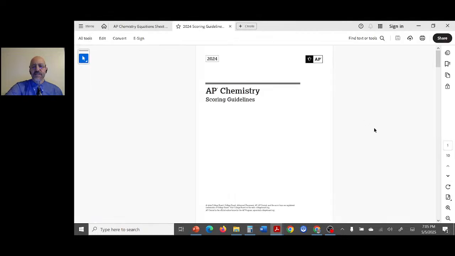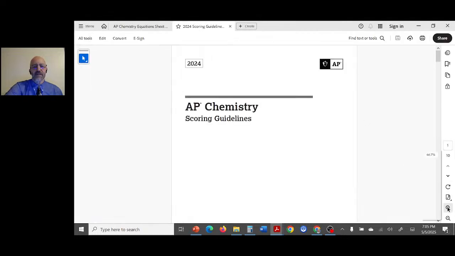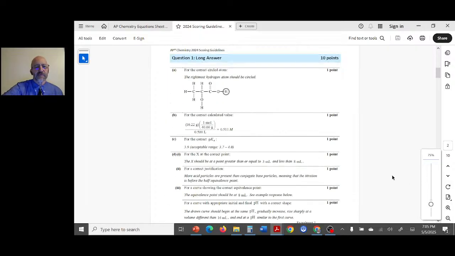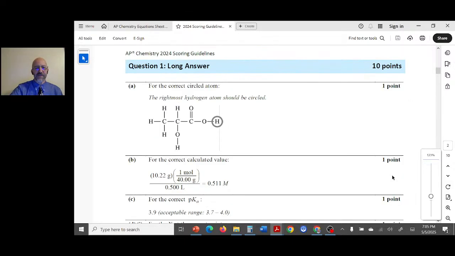You can see on this view they're showing all of these answers. I'll make this a little larger. Again, the intended answer for question number 1, part A of the 2024 free response questions was that particular hydrogen was circled.